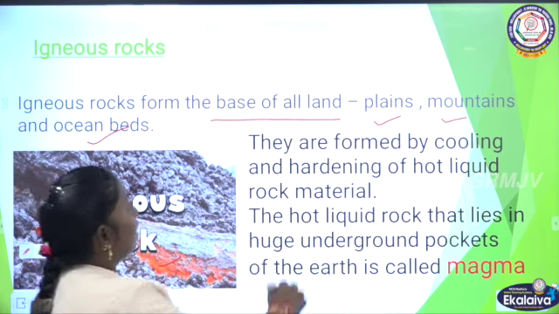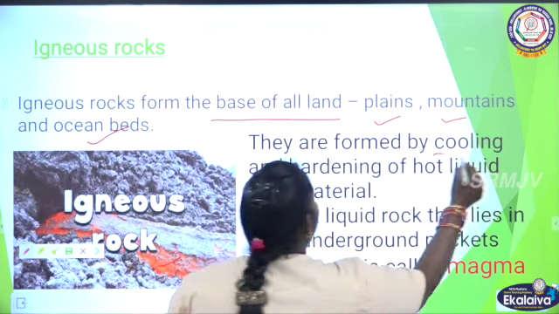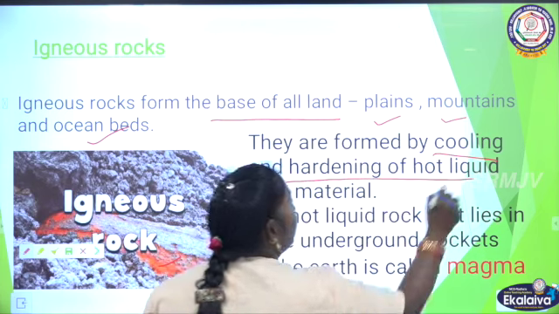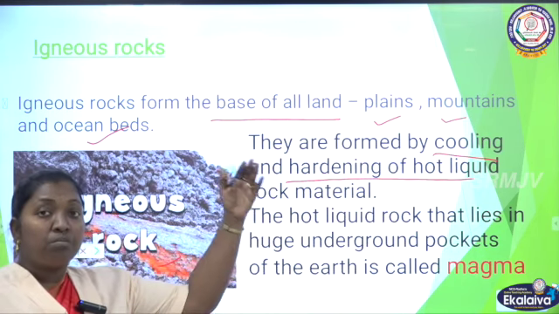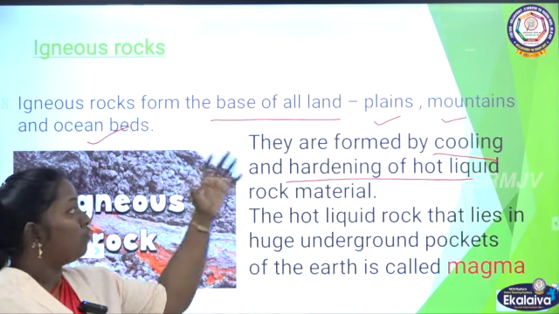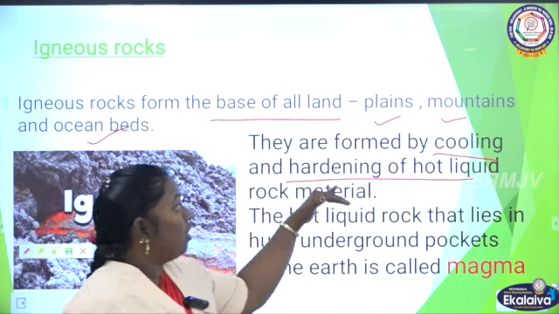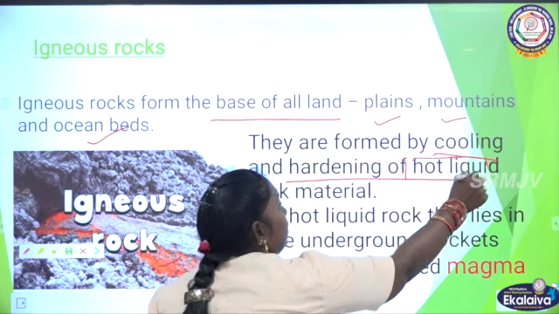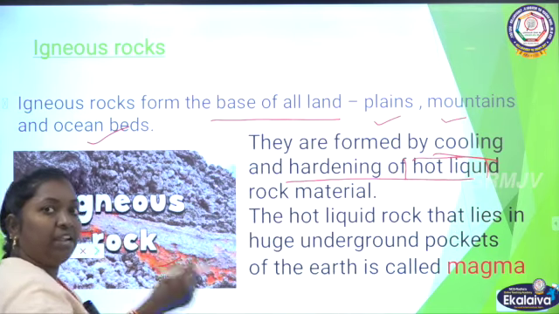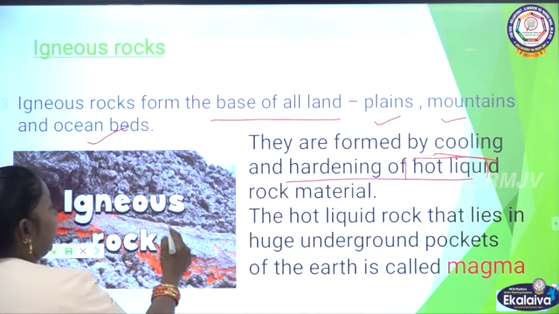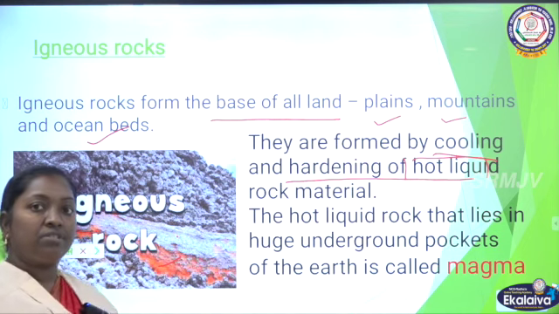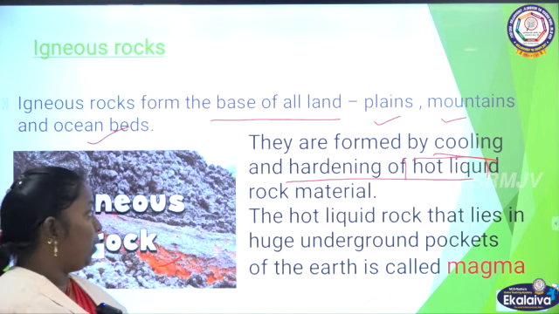They are formed by the cooling and hardening of hot liquid. So plains, mountains, and ocean base are formed this way. How has it been formed? By the cooling and hardening of a hot liquid. Before forming into plains, mountains, or ocean bed, it was in the form of hot liquid.